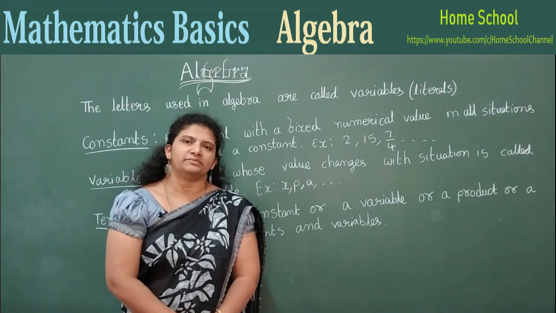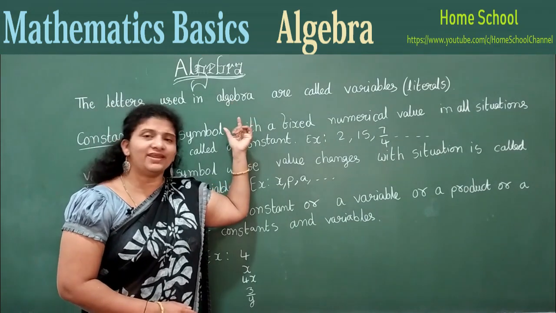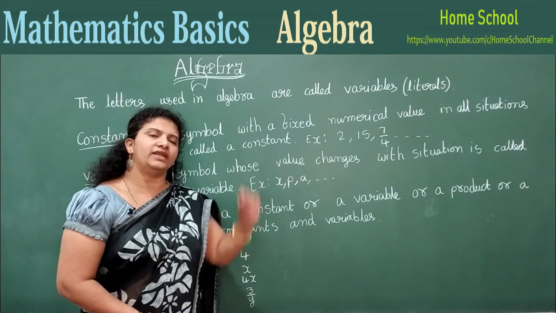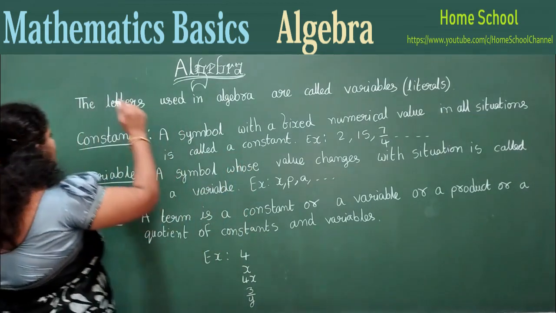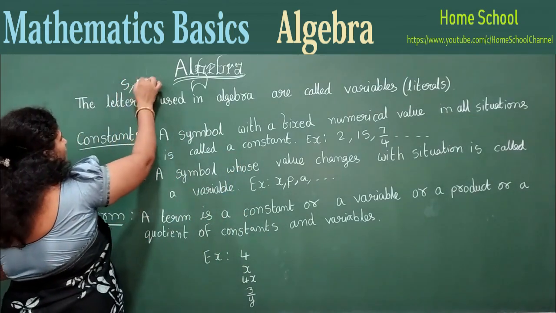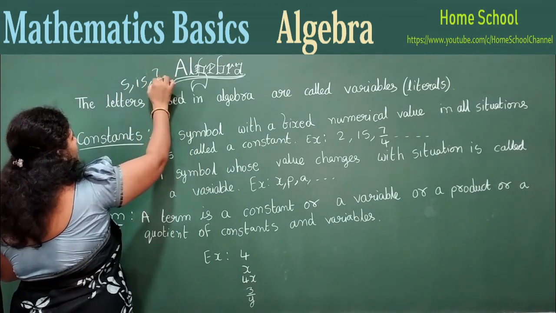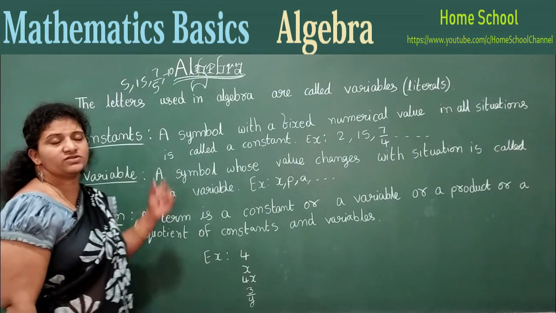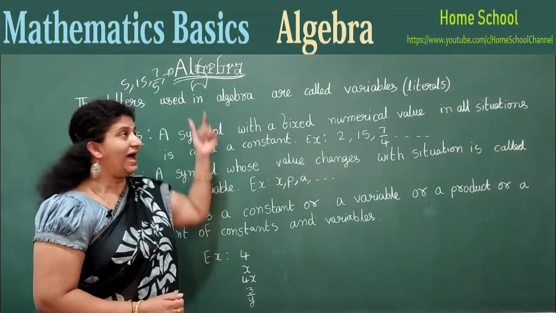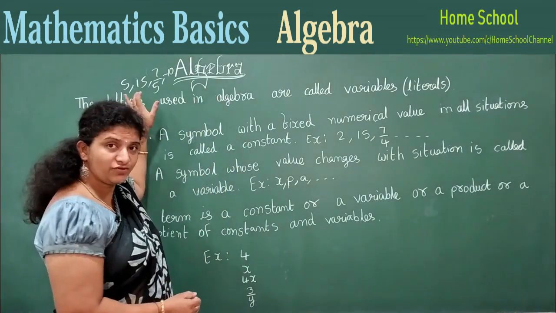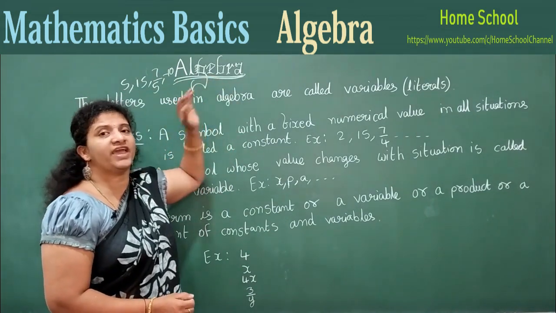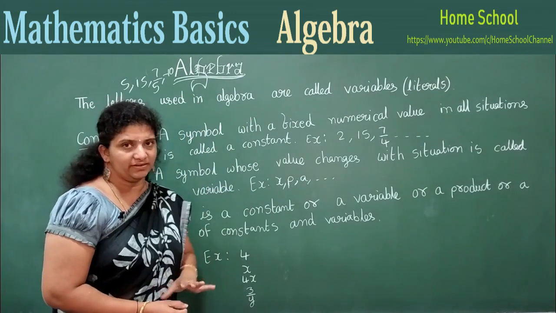What is algebra? Algebra is the generalized form of arithmetic. In arithmetic, we deal with numbers such as 5, 15, 20 or 7 by 5, minus 10. Like this, we work in arithmetic. Algebra is a generalized form of arithmetic, which means we use variables and also numbers.